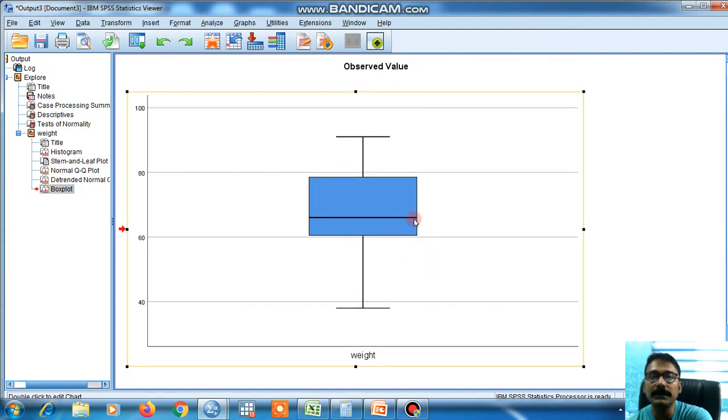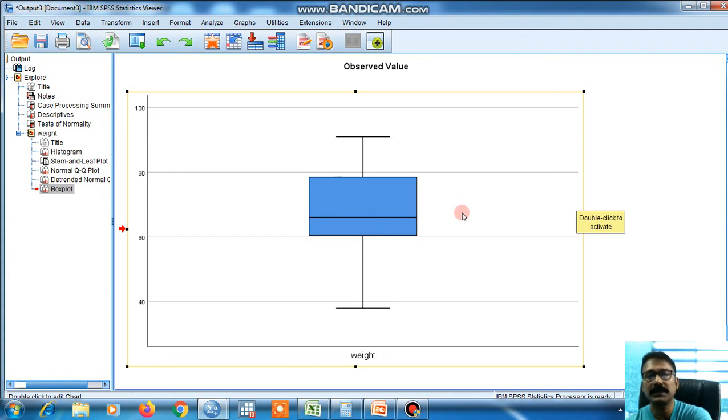This point is Q1, this is the median, and this is Q3. The distances between Q1 and the median, and the median and Q3, should be the same. Though apparently not the same, approximately we can take it, along with the other values, that the sample has been taken from a normally distributed population. So in this way we can test the normality of the sample data.